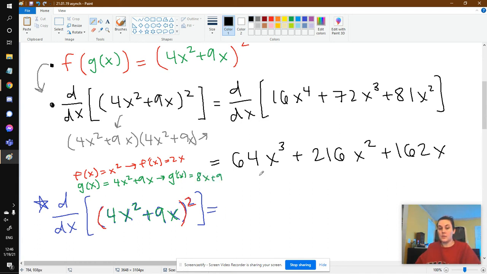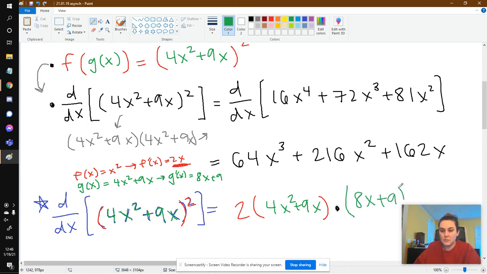Our derivative said take the derivative of the outside, so it's 2 times something. But we're going to rewrite the g inside of it. And then we're going to multiply times the derivative of the inside.